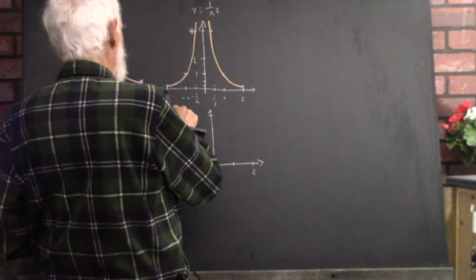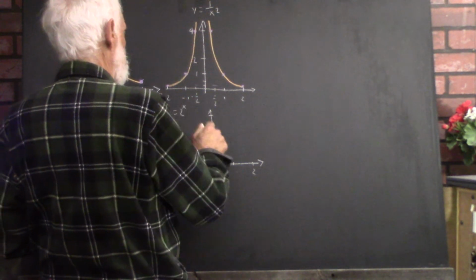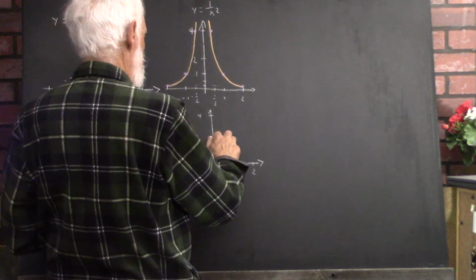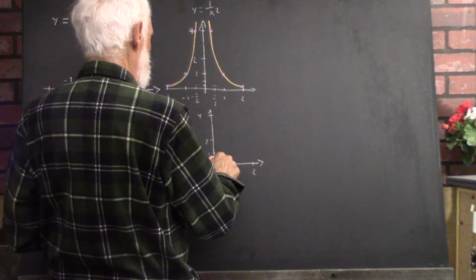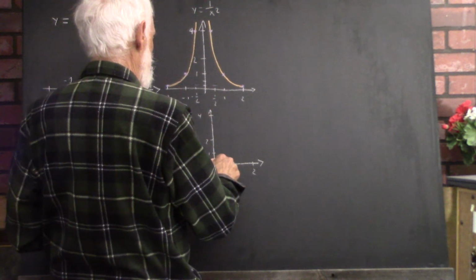So this is the y equals 2 to the x function. Here's 4, here's 2, here's 1, then we have 1/2 and 1/4.